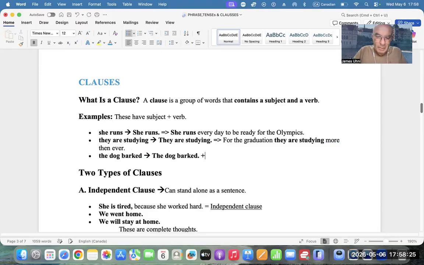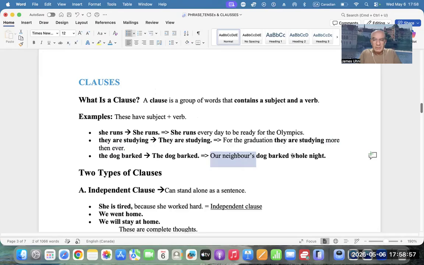Our neighbor's dog barked all night. So our neighbor's is just part of the sentence.